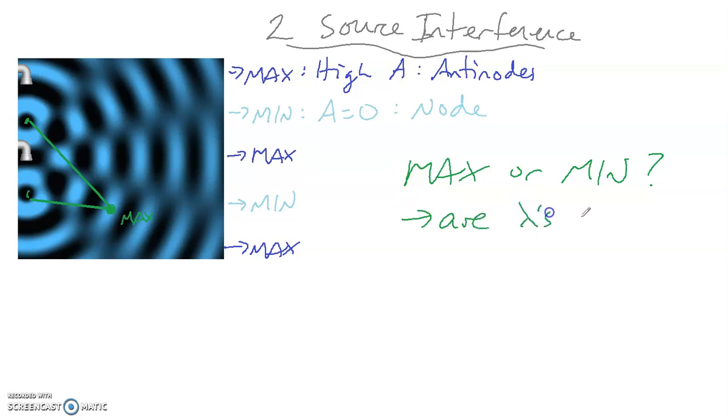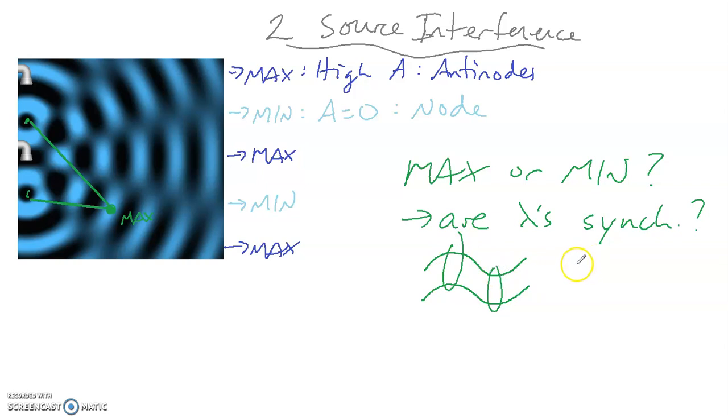Are the waves synchronized? Because you want to know, here's one wave where you're located, from one source comes like this. If the other source is like this, the waves are perfectly matching, these two are going to build up and give you a really high wave. Those two are going to give you a really low wave.